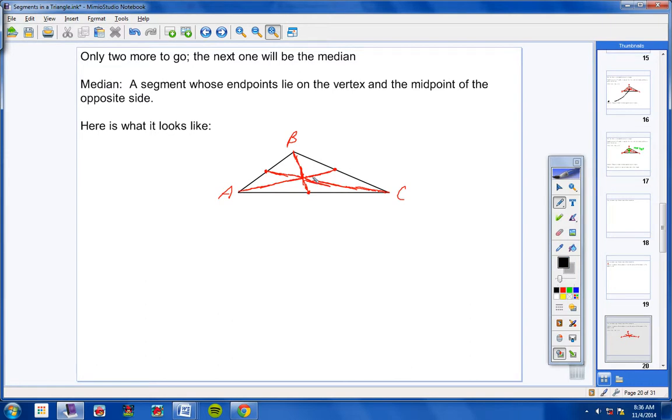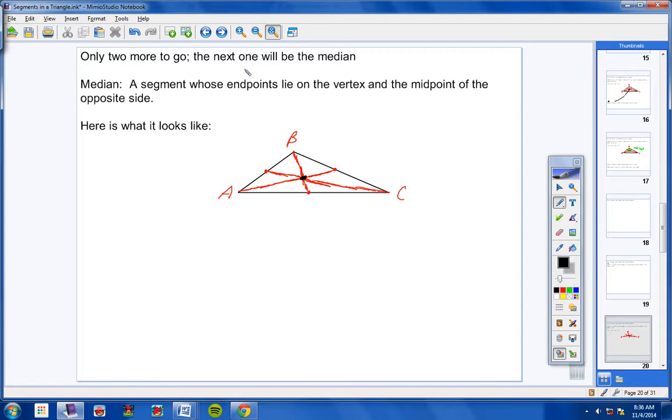And here's the point where they all intersect right here. I'll pause a second while you guys get caught up in case you're behind a little bit. But once again, a median runs from the midpoint to the vertex like this, or from the vertex over to the midpoint right here. Okay, so here's what the three medians would look like.